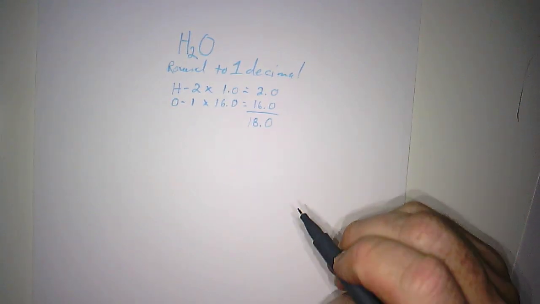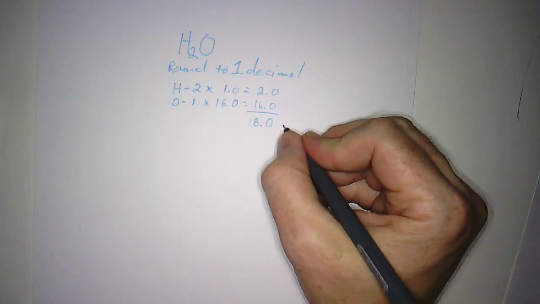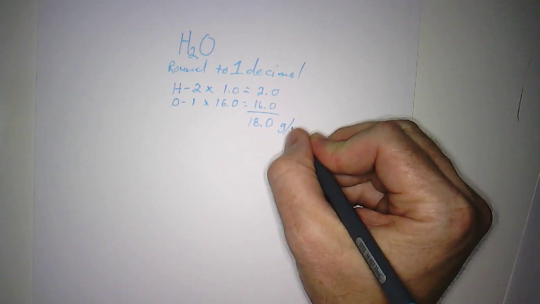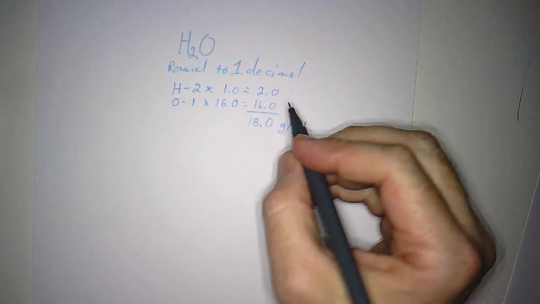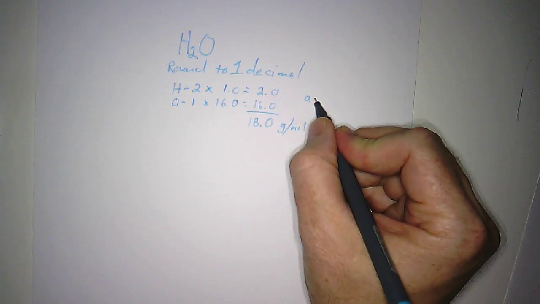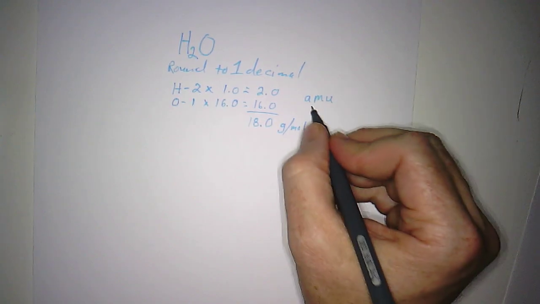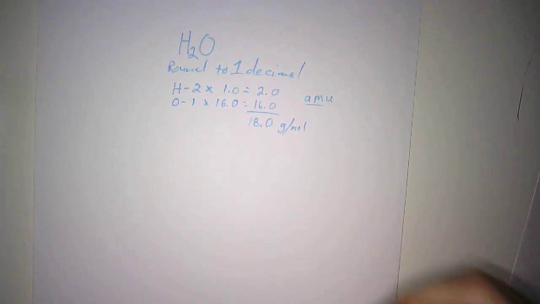So if you can kind of remember that one, that's a really important one, okay? So 18, the way we label it is grams or grams per mole. If we're talking about a single water molecule, the unit would be AMU, which stands for atomic mass unit, but we hardly ever deal with single molecules.